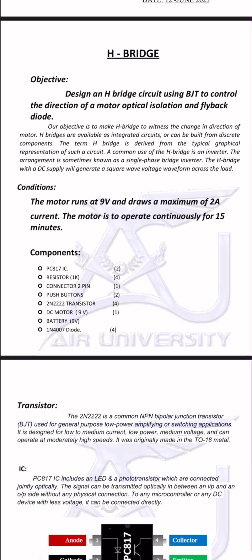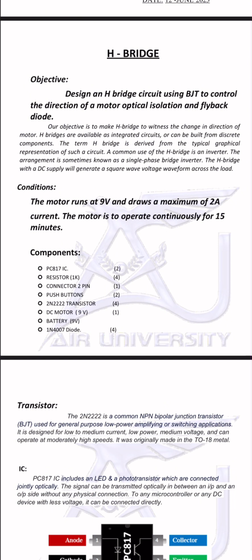It is a common NPN bipolar junction transistor, which is used as a general purpose low power amplifying device, and it is used as a switch. And we use an optocoupler PC817, which includes an LED and a phototransistor connected jointly optically.